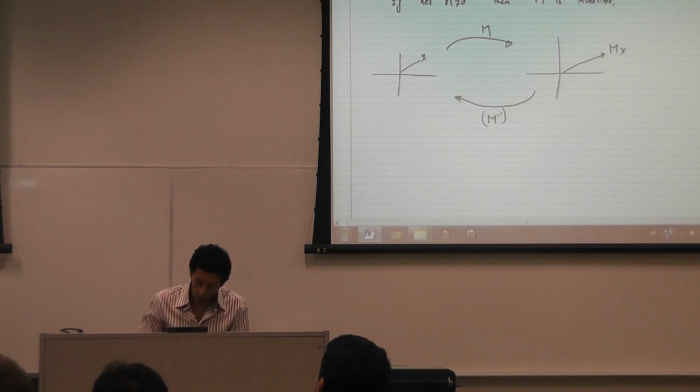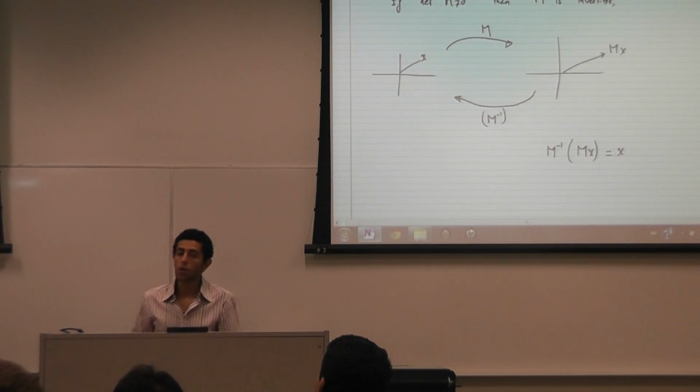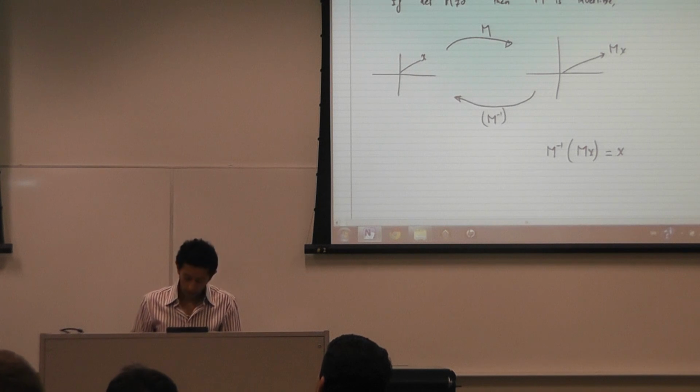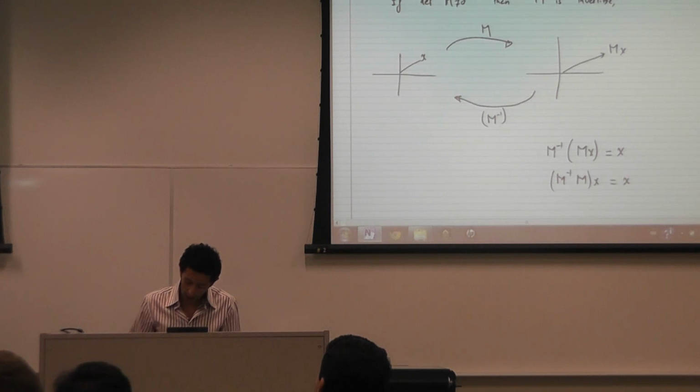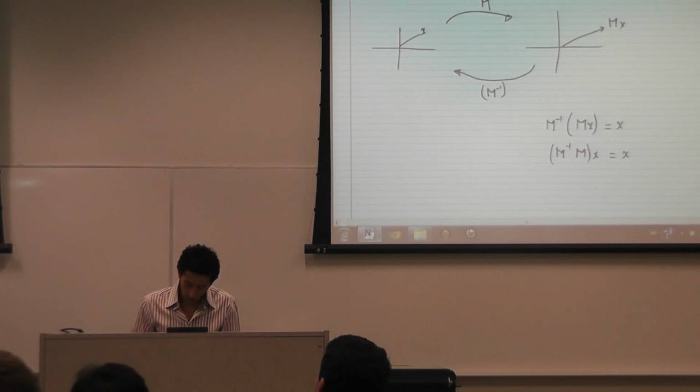This matrix, when it's multiplied by this vector, will bring me X. Which means that M minus 1, M multiplied by X will be equal to X. Therefore, M minus 1, M is the identity matrix.